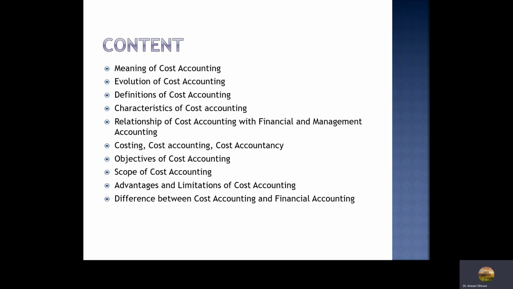In today's lecture, we are going to discuss these topics from Unit 1: meaning of cost accounting, evolution of cost accounting, definition of cost accounting, characteristics of cost accounting, relationship of cost accounting with financial and management accounting, costing, cost accounting and cost accountancy, objectives of cost accounting, scope of cost accounting, advantages and limitations of cost accounting, and difference between cost accounting and financial accounting.